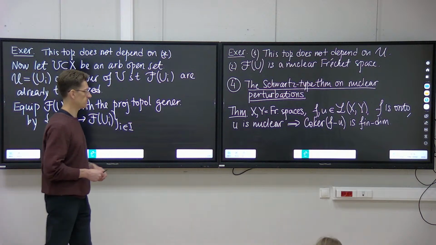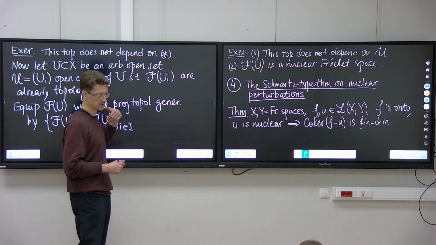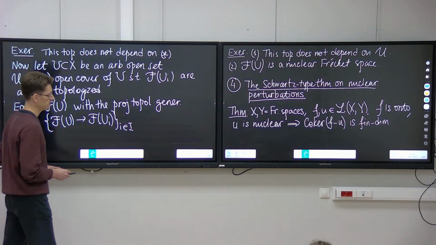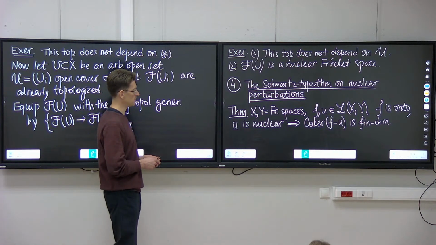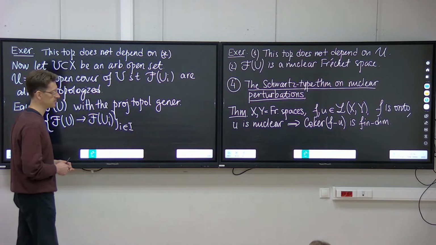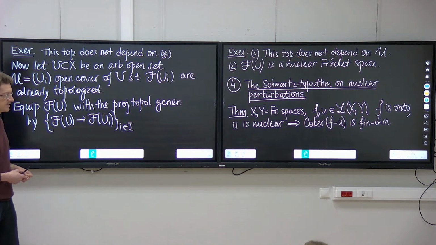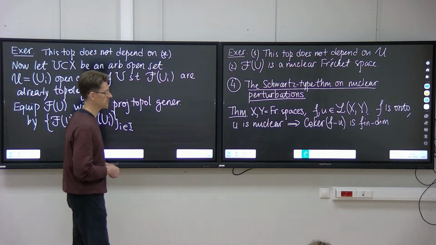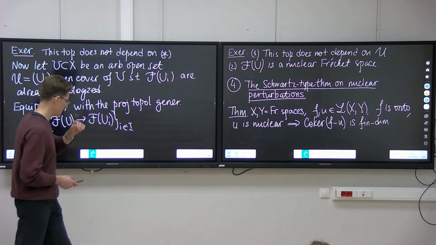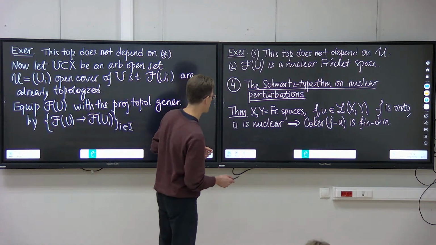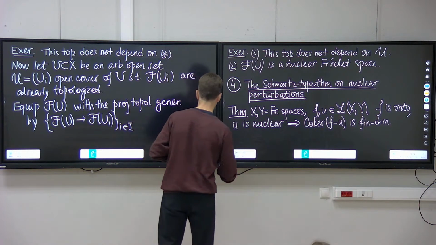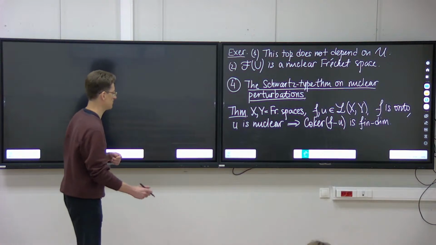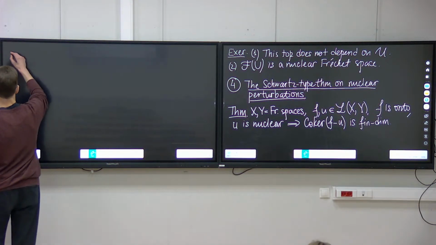So in the special case where our map takes X to a point, what we get is precisely the Cartan-Serre theorem. So our approach to the Cartan-Serre theorem is actually a specialization of the proof given by Kiehl and Verdier. Okay, so the proof of the Schwartz type theorem will be divided into several lemmas.